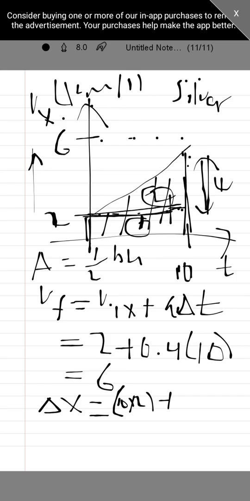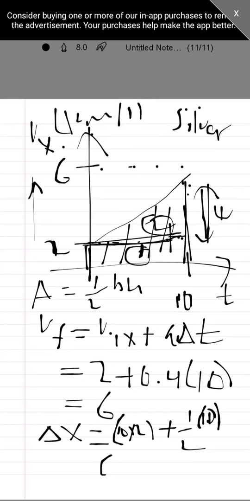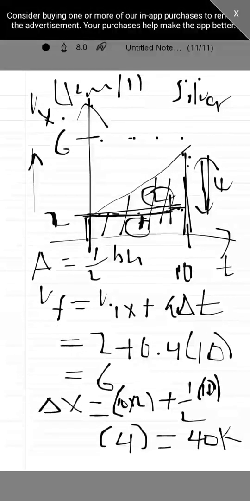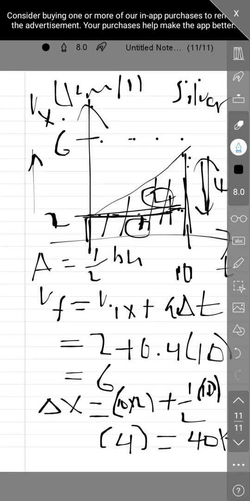The base is 10 seconds, and the height is 4. So when you calculate this, you end up with 40 kilometers. We have 40 kilometers.